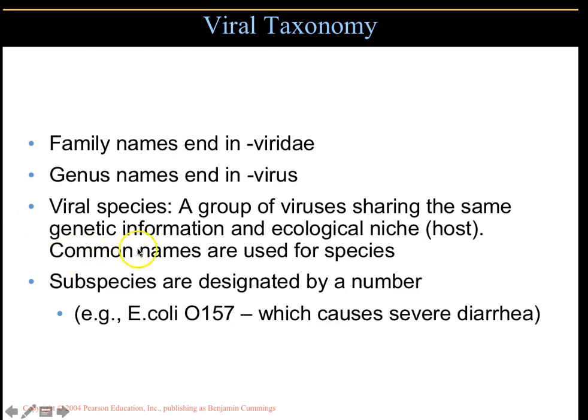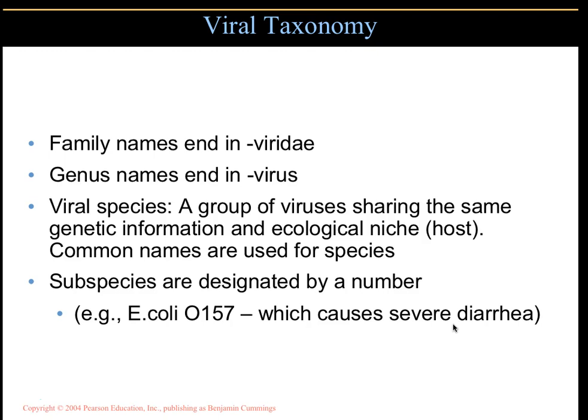Now, subspecies are designated by a number, and this tends not to be that important unless there are major epidemics caused by a subspecies. So E. coli 157, there have been numerous outbreaks back in the 20th century of this particular type of E. coli, and it's quite virulent and dangerous, and it can cause bloody diarrhea and things of that nature.